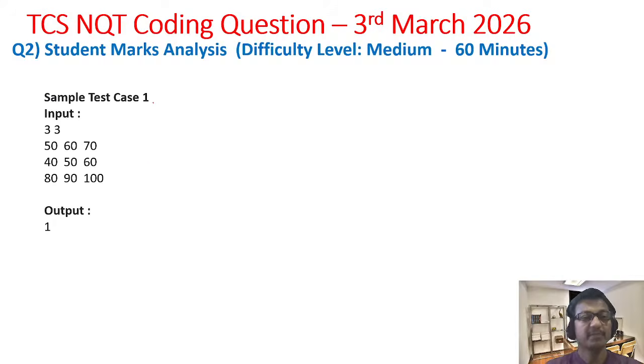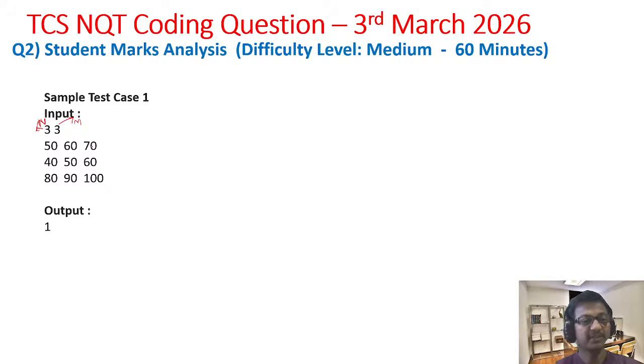Here a sample test case is given. The input is 3, where the first 3 indicates the n value, the number of students. The second 3 indicates the m value, the number of subjects. And these are the marks here.